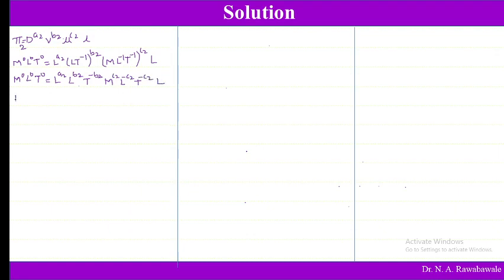So collecting powers of m, 0 is equal to c2. Only at one location we get m, therefore c2 is equal to 0.